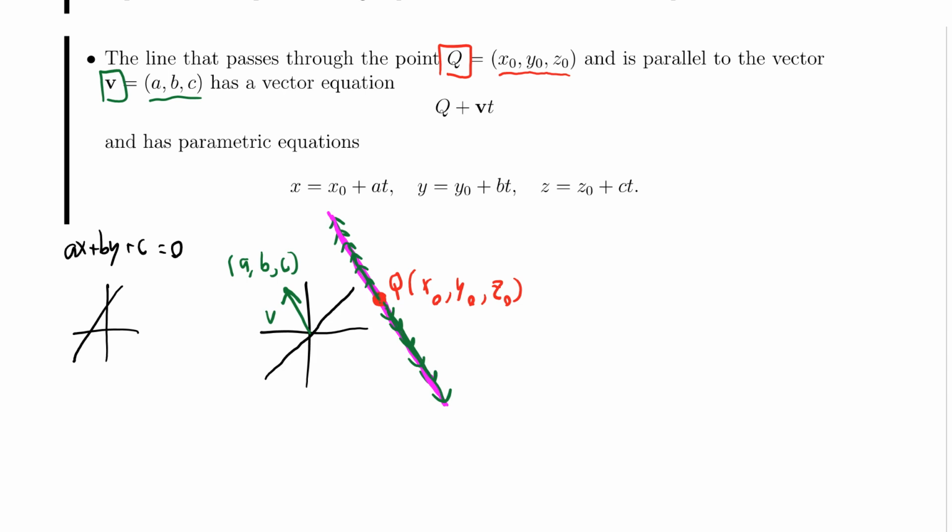So, if we think about it, I want to add a multiple of v to a point Q. A multiple of v looks something like this. The coordinate of v is (a, b, c).